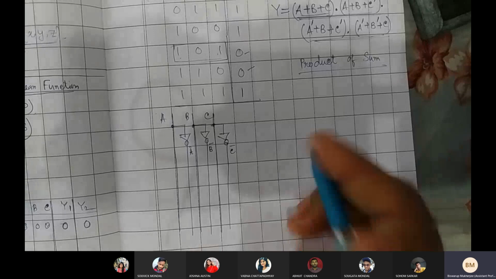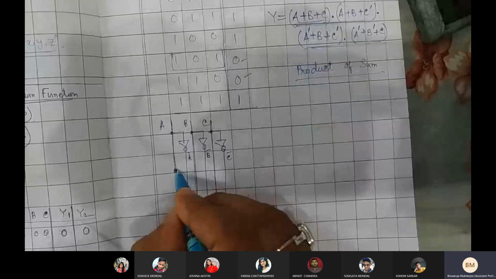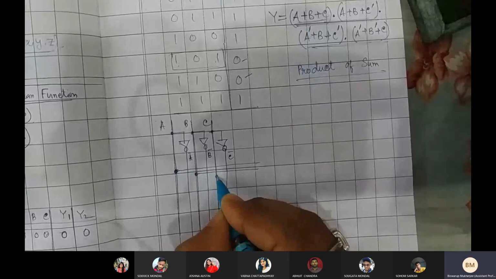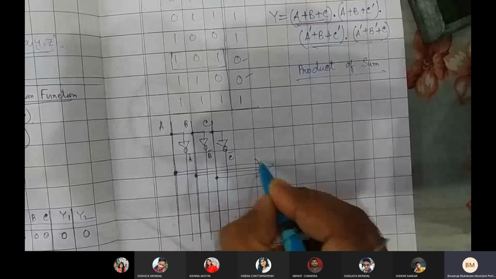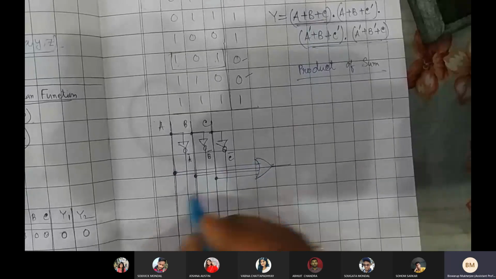A bar, B bar, C bar. Next is, first of all, A plus B plus C. So just drawing A plus B plus C. This time it would be first OR, then it is A plus B plus C bar.